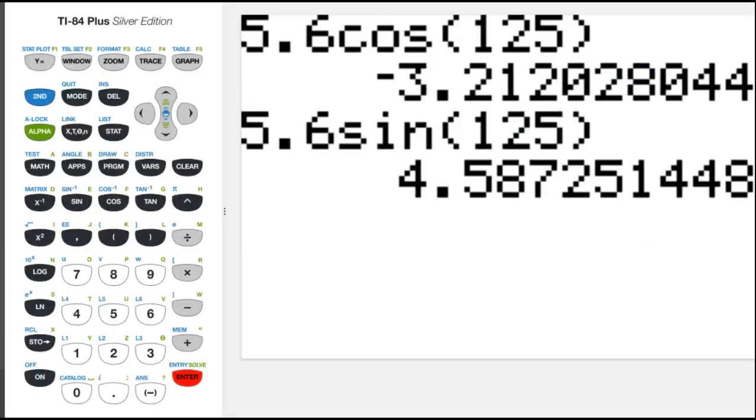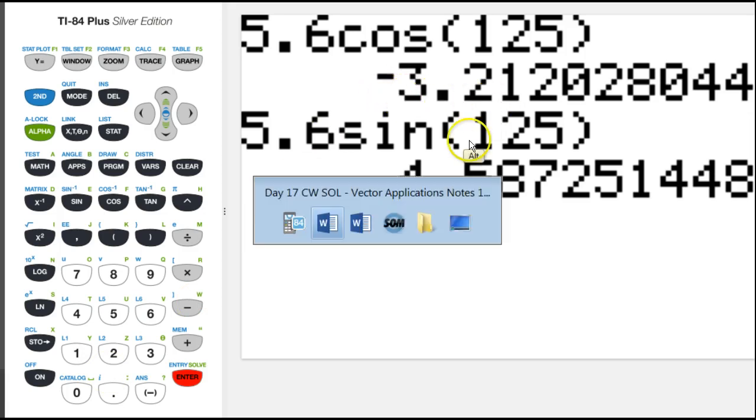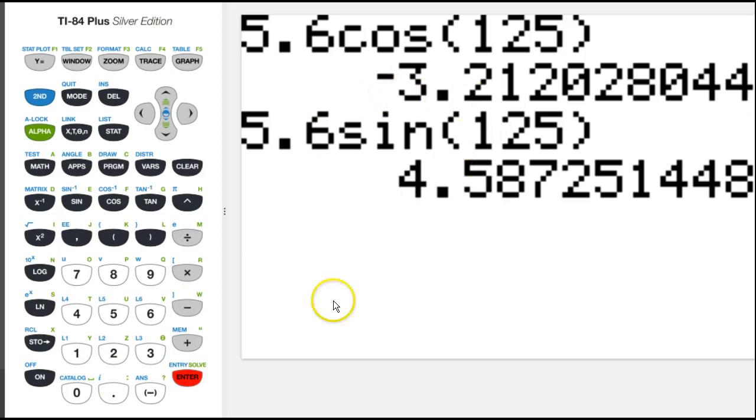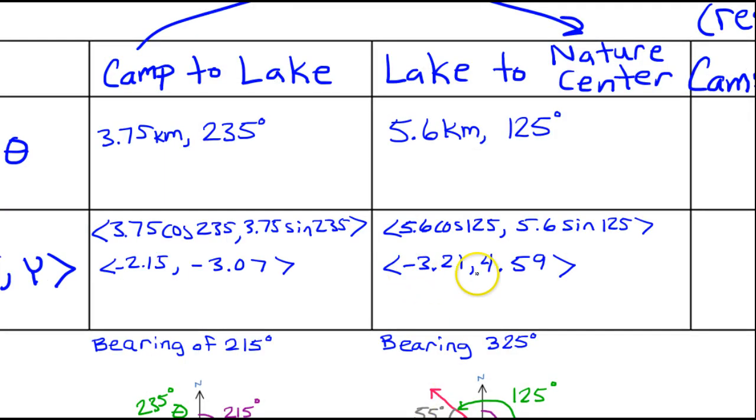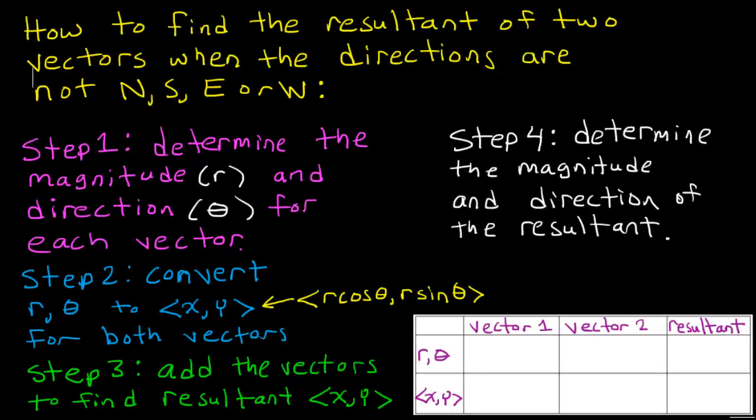Calculator. So we get negative 3.21 and 4.59. So boom, there we go. Component form, lake to nature center. And that is the end of step 2.